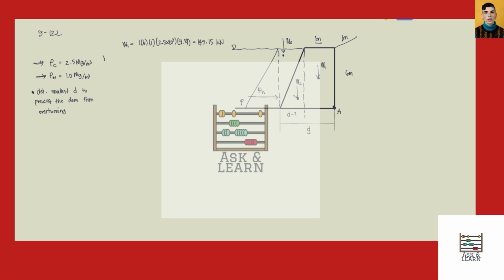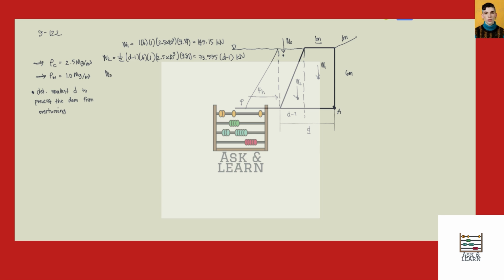And for weight 2, we have 1/2 base times height times 1 times 2.5 times 10 raised to the 3 times 9.81. So we have 73.575 times d minus 1 in kilonewtons.